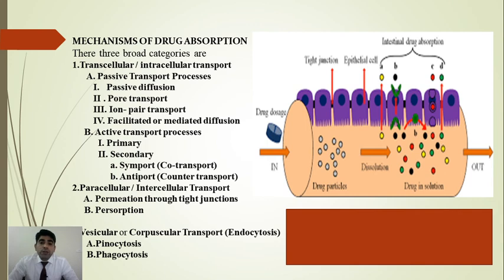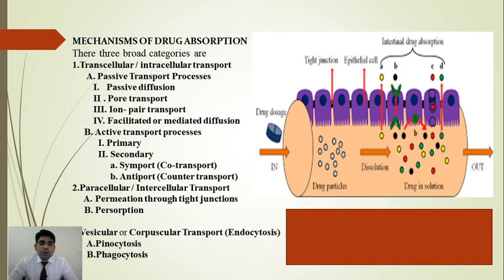In the picture you can see, when the drug enters your GIT, it breaks down, disintegration takes place, then dissolution, and when it finally gets liberated as free molecules, it can follow these three mechanisms.